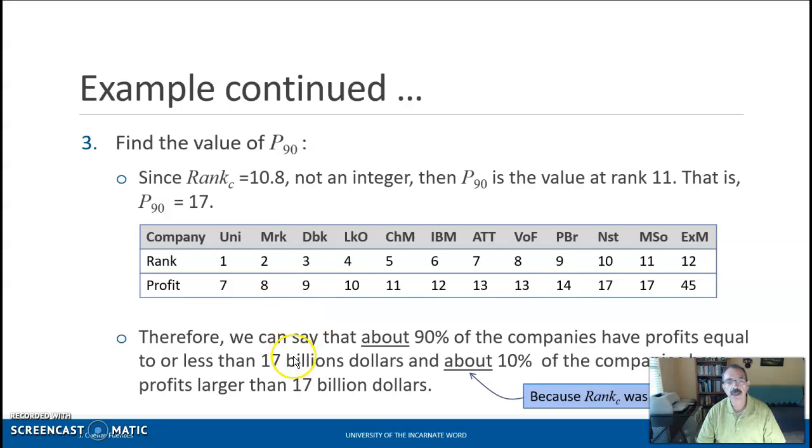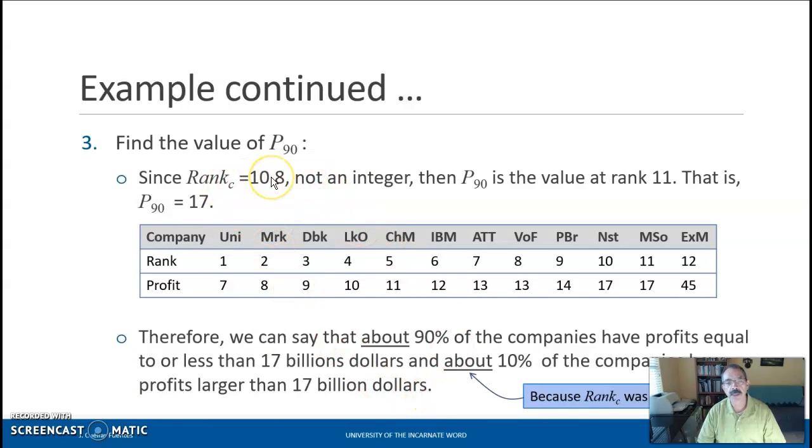So we can say that about 90% of the companies have profits equal to or less than $17 billion, and about 10% of the companies have profits larger than $17 billion. We're using the word about because we rounded the rank that we calculated to 11, so now we made it into an approximation. But again, this example shows you how we find the percentile.